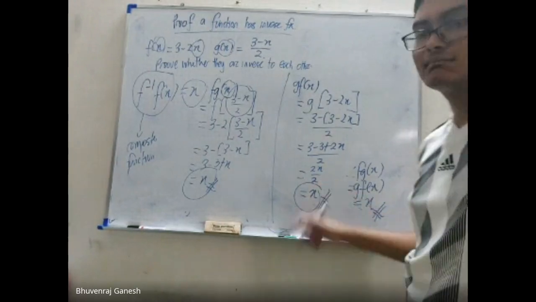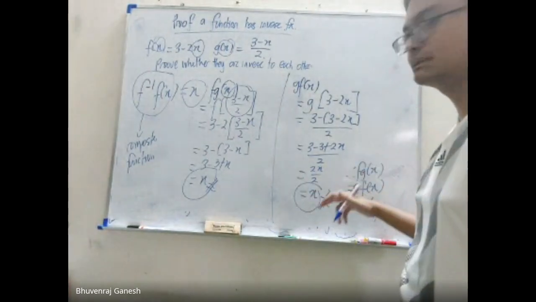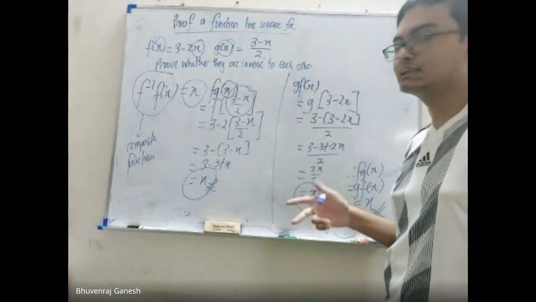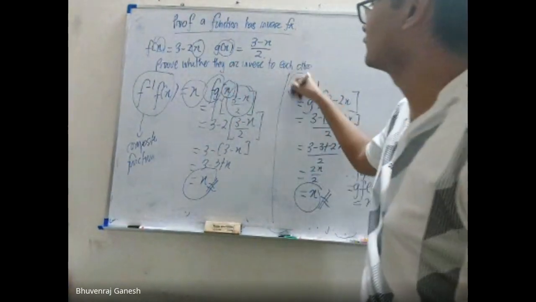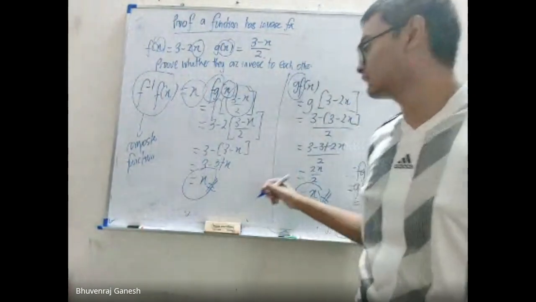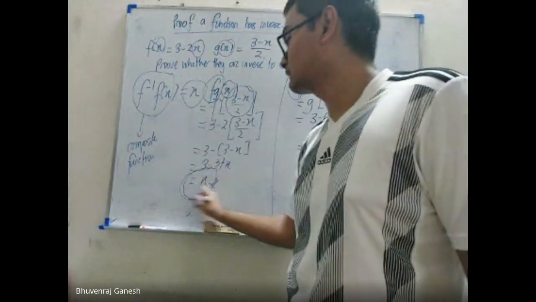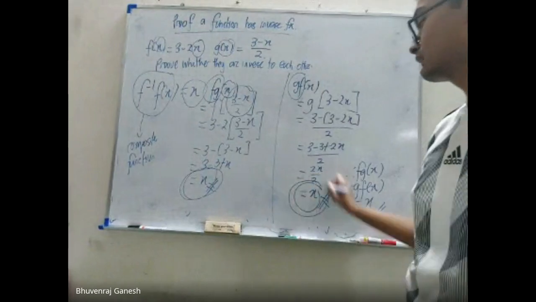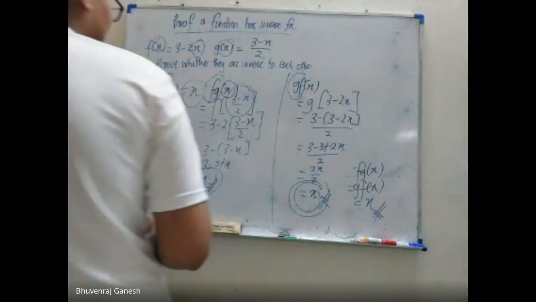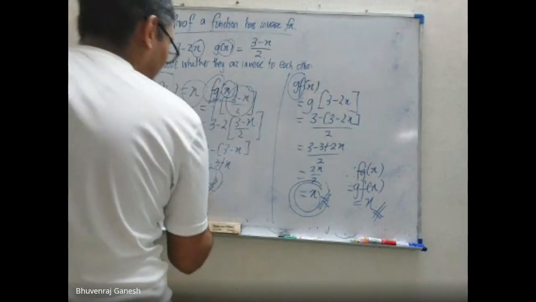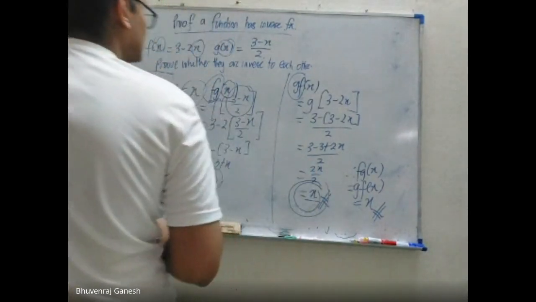So although they didn't write g as f inverse or f as g inverse, you should understand that although they put different alphabets, these two functions are inverse to each other. That's how they can lead to a common composite function of x. So this is the concept behind it. They can put any label they like, but this can prove that both of them are inverse to each other.